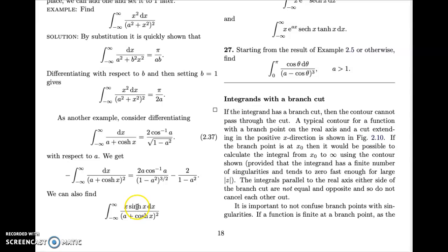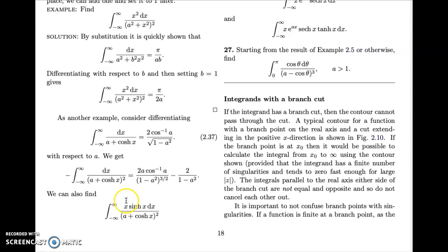Where did this sinh x come from? Well, if we can introduce a b in here, inside the cosh, change the cosh x to cosh bx, then if you differentiate cosh bx, what do you get? Well, you get an x times sinh bx, and then you can set the b.